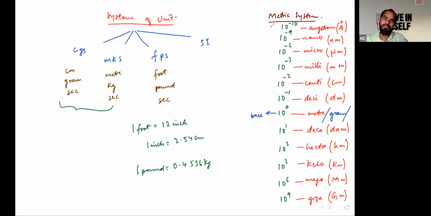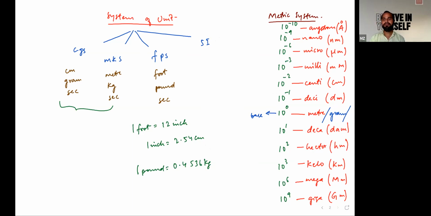These are just the smaller terms and these are just the larger terms. So the SI system of unit tells you whether you have to convert from a lower value or a higher value. Just use the power of 10 to convert from one system to another, instead of using this FPS, which deals with multiplication by some numerical values, which on calculation becomes too difficult to solve.